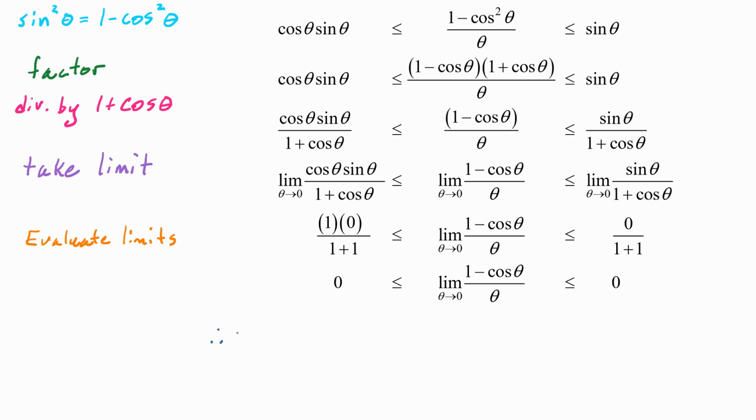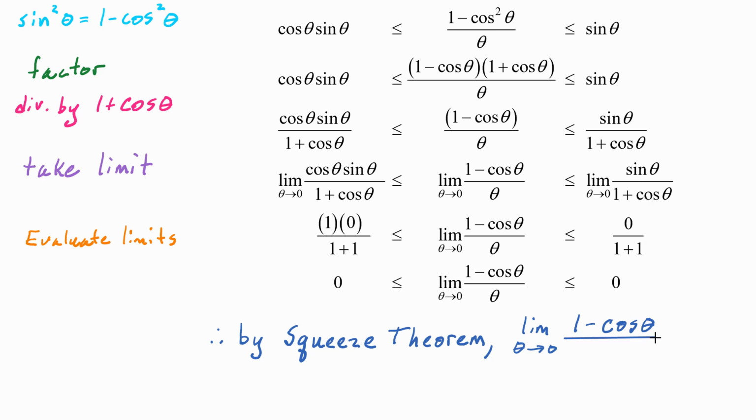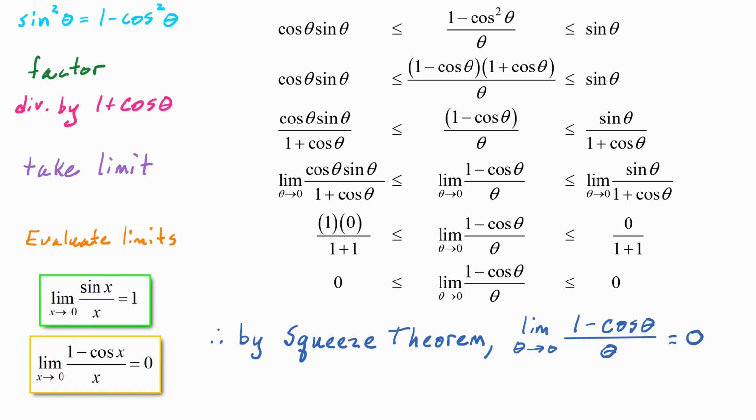So therefore, by the squeeze theorem, the limit as theta goes to 0 of (1 minus cosine theta) over theta is equal to 0. Now we've proven both of these special limits, and we can use them to help us evaluate other limits.